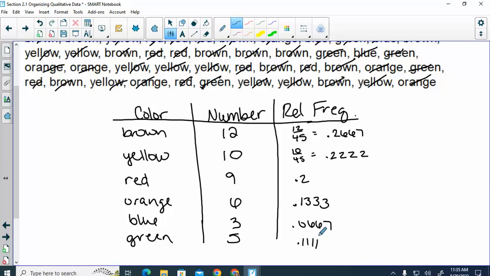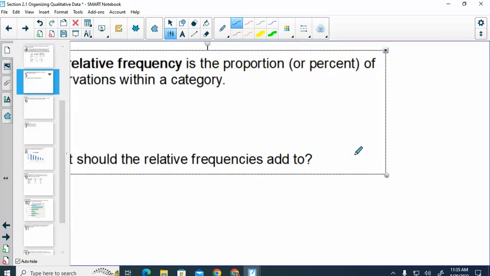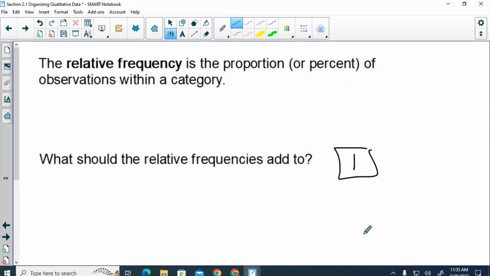Essentially, what this tells us, if we thought of it as percent, it's like saying 26.67% of the M&Ms were brown. About 22% of the M&Ms were yellow. About 20% were red, and so forth. What should all of the relative frequencies add up to? If you're thinking in percent, we know 100% is the total. If we're leaving it in decimal form, then they should add up to 1 at the end.